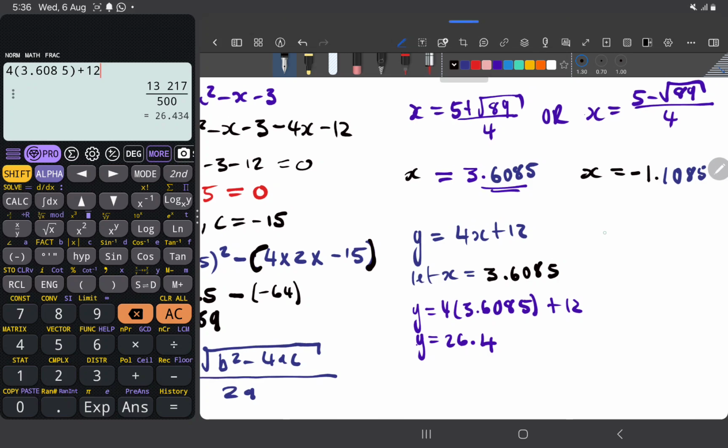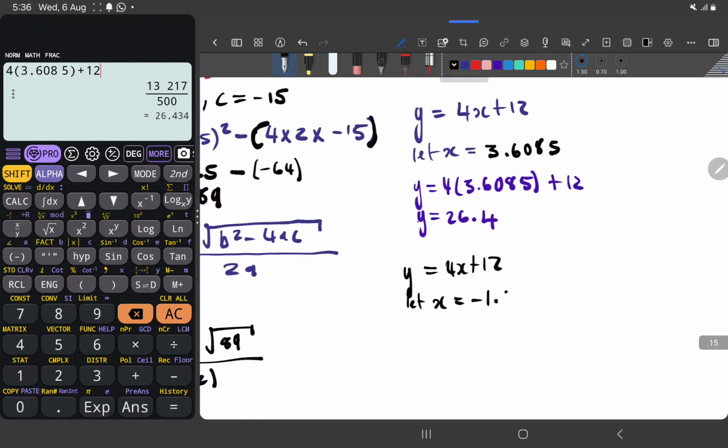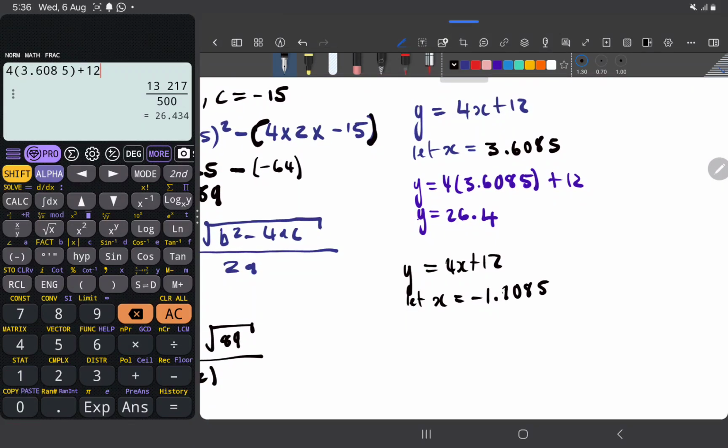And I can say now the other one, you have again y being equal to 4x plus 12, and you can now let x be equal to negative 1.1085. You'd now get your y being equal to 4 by negative 1.1085, then plus 12, so 4 open bracket negative 1.1085 close, then plus 12.